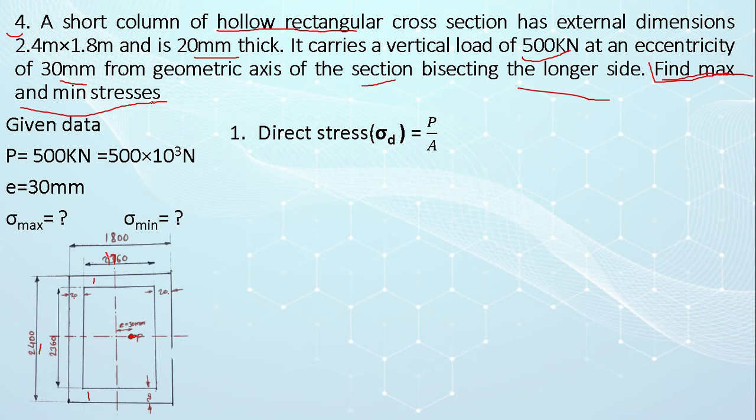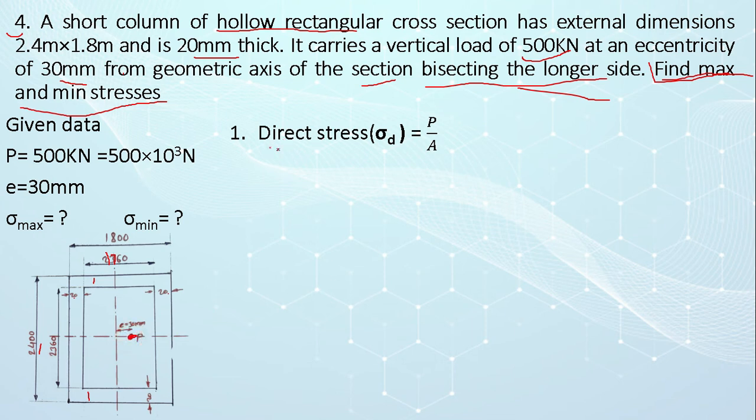The load is applied 30 mm from the geometric axis of section bisecting the longer side. This is the longer side and this axis bisects the longer side, therefore P should be here.